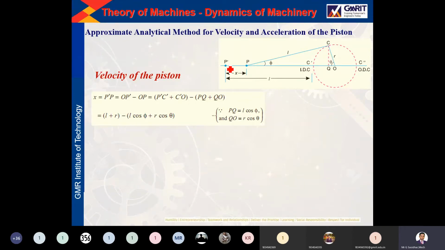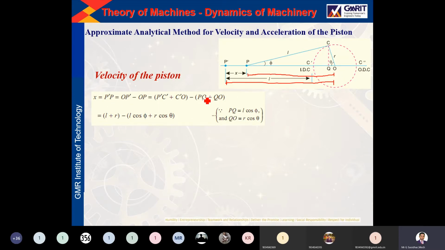Then how can I write PP dash? Look carefully. This total distance from O to P dash, this total big one, from here to here, OP dash, minus, if I remove this distance, OP, this distance, from the total distance, I will get PP dash.